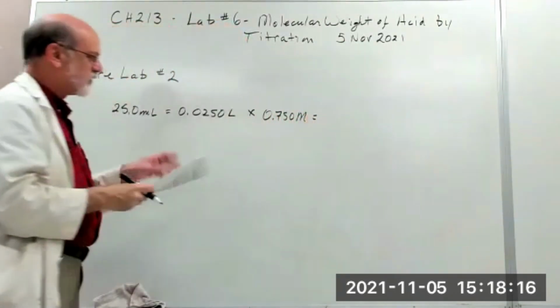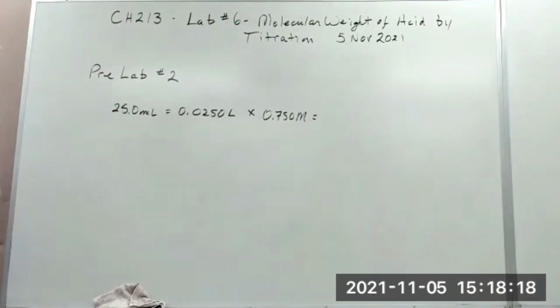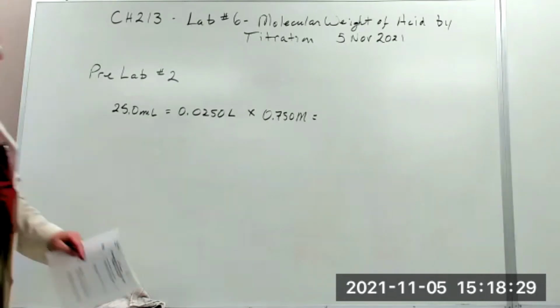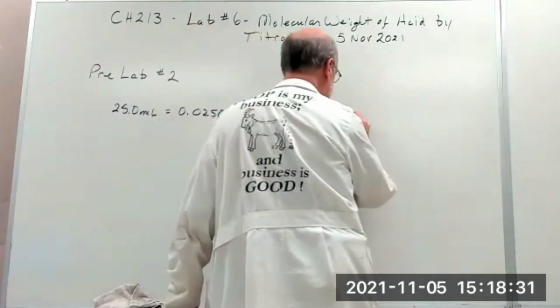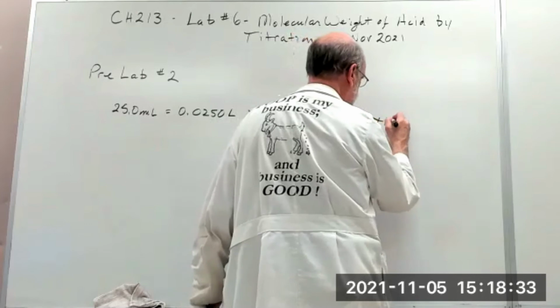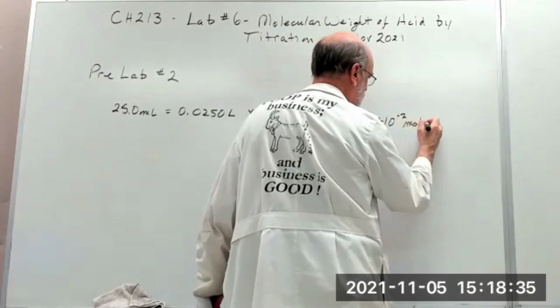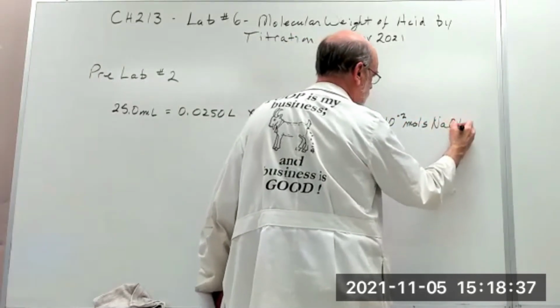So that'll give us the number of moles of base: 1.875 times 10 to the minus 2 moles of sodium hydroxide.